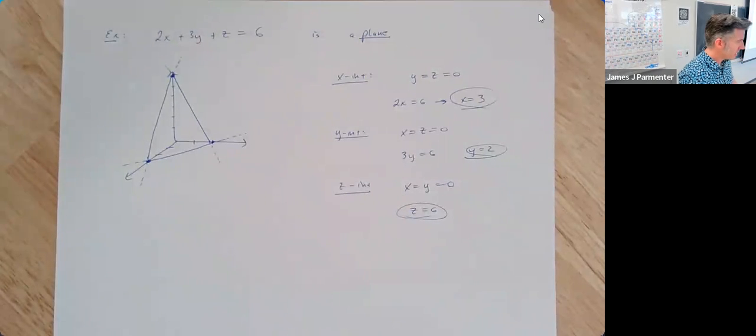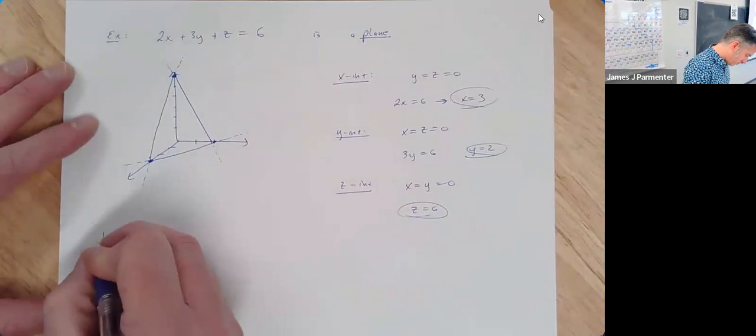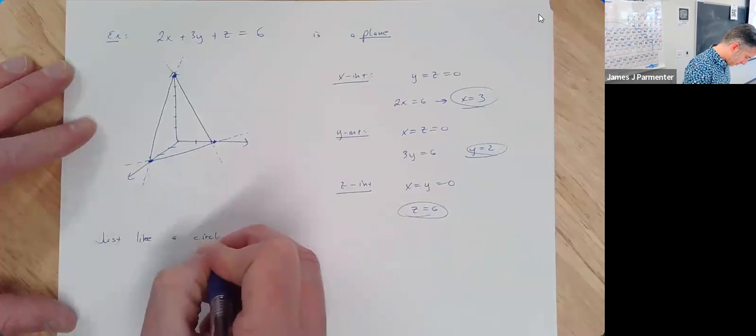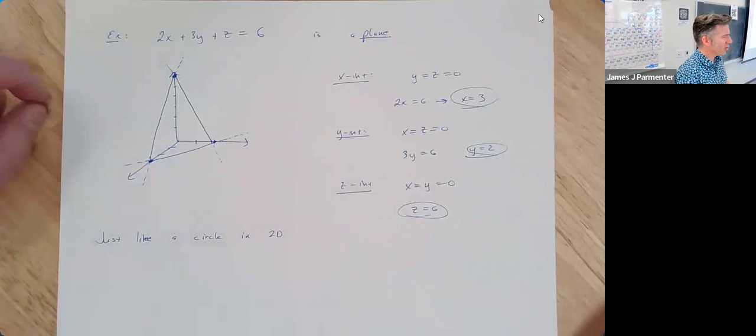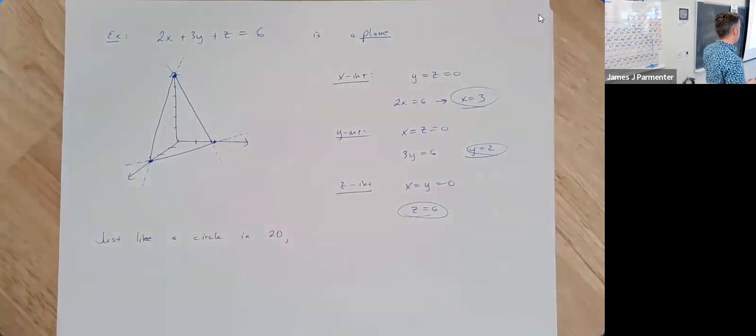Let's talk about spheres. So just like a circle, in 2 dimensions, what is a circle? I know that seems like a dumb question, maybe. But a circle, when you boil it down, the way a circle is defined is it's every point that is equally distant from the center, some certain distance.